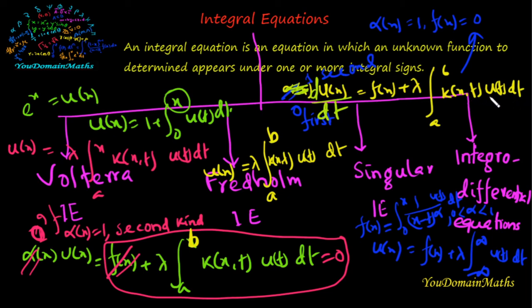So this is an integral equation because u of t is unknown and appears under the integral sign, but this unknown function also appears under differentiation. So differentiation and integral both are present in this equation, and these types are called integral differential equations.